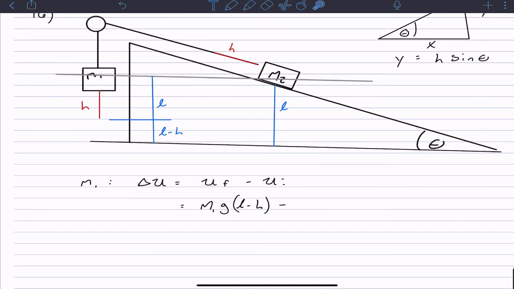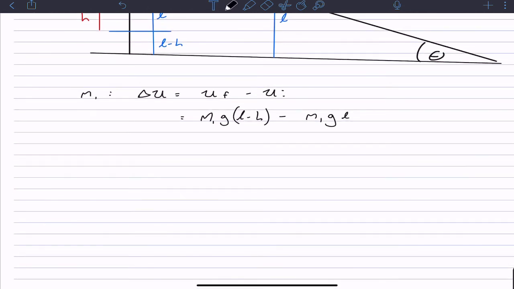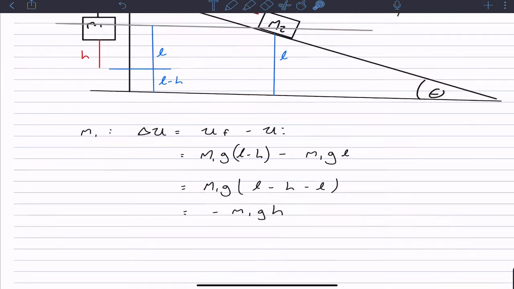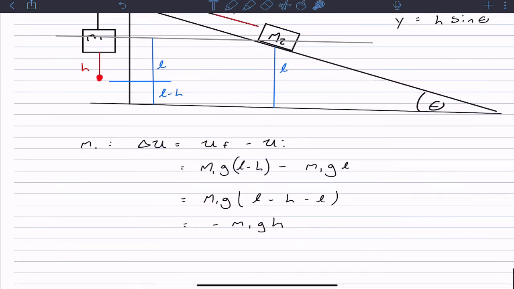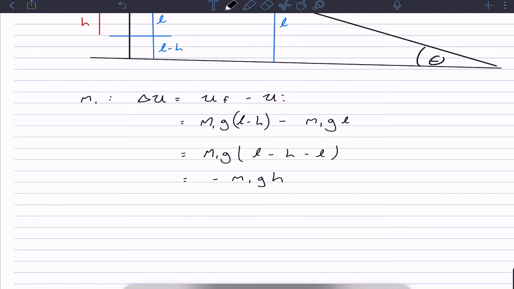This distance is L. So we have M1 g times (L minus h minus L), which is equal to negative M1 g h. It's only dependent on the distance that it's changed. Well, that's really all we're looking for, the change in potential anyway. So that makes sense. Let's find the change in potential for the mass 2.